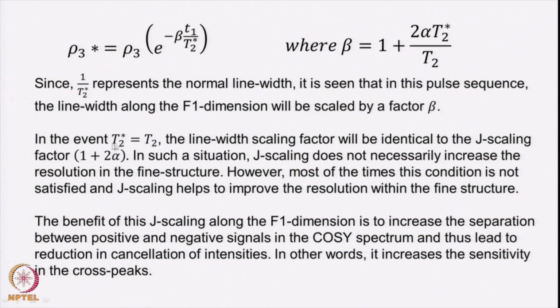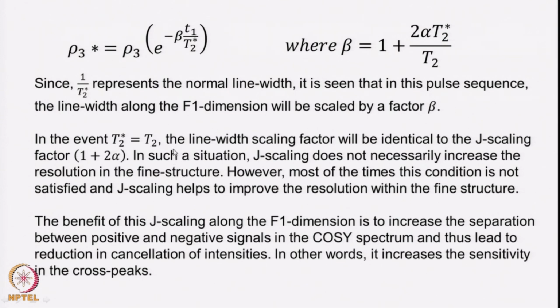Now, in the event T2 star is equal to T2, the line width scaling factor will be identical to the J scaling factor 1 plus 2 alpha. That is, if T2 star is equal to T2, this will cancel, and then you have 1 plus 2 alpha here. So, the J scaling then does not necessarily increase the resolution in the fine structure of the peaks.